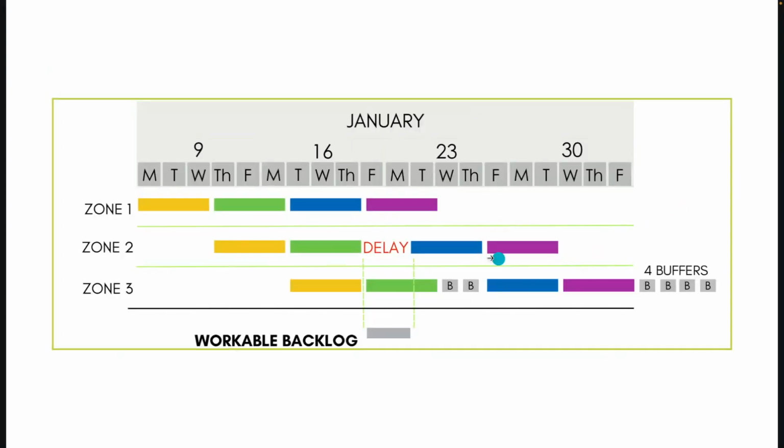So we don't want to do that. What we would rather do is actually just experience that delay and cascade that delay so that the blue wagon can then drive this other blue wagon and we can eat into the buffer. So instead of 6 buffers, now we have 4, and the actual crews can go work on workable backlog.